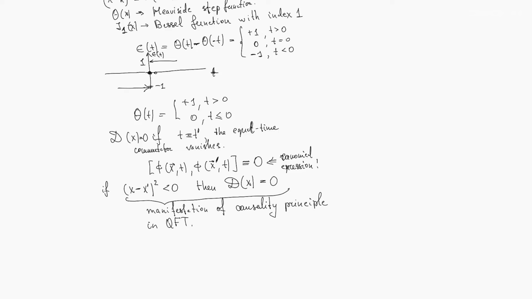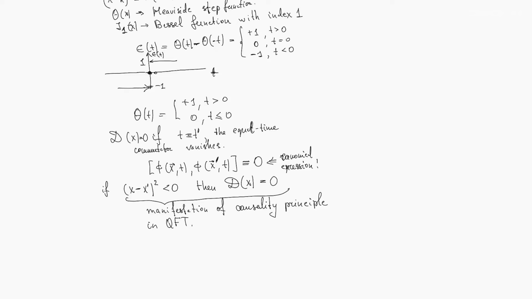And this means that if I have two events or fields which I would like to measure at points separated by a space-like interval, then the measurement of the field at one point and at the other point do not correlate, because these measurements are completely independent. The signal is not enough to propagate from the point x, where you measure the field phi, to the point x prime.